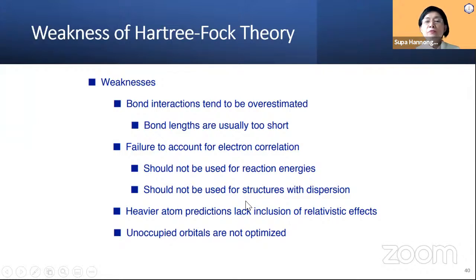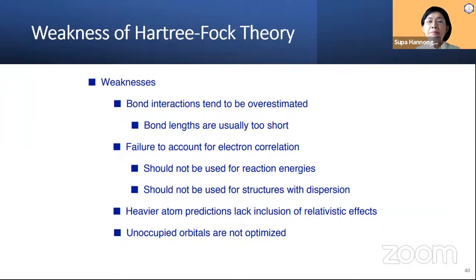And it should not be used for structures with dispersion, like aromatic systems, okay? And the heavier atom prediction lacks inclusion of relativistic effects, for sure, because it is neglected at the beginning. And the unoccupied orbitals are not optimized, right? You may imagine there are some unoccupied orbitals, and in Hartree it is not dealt with.